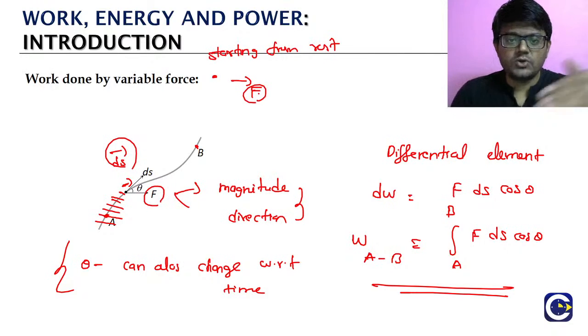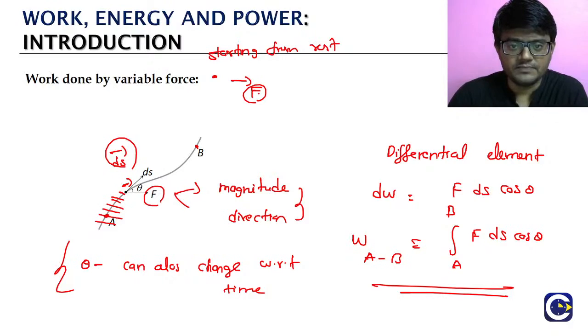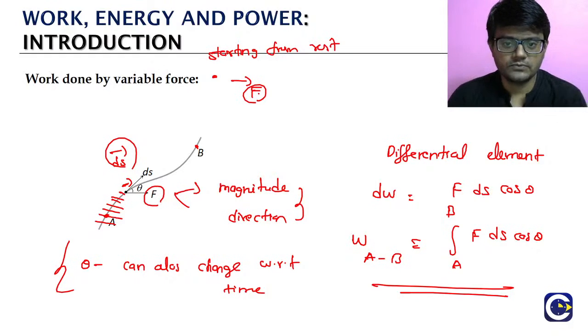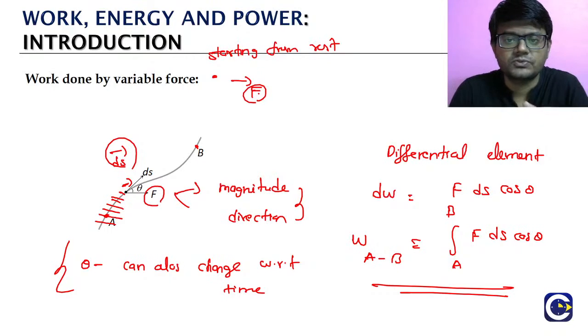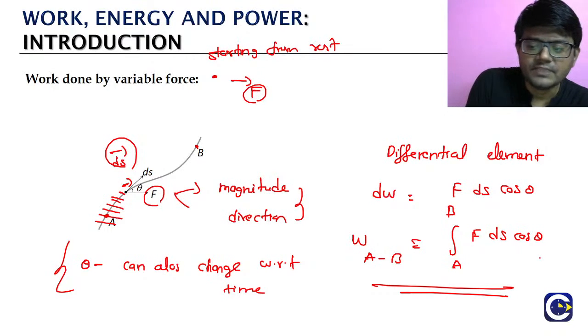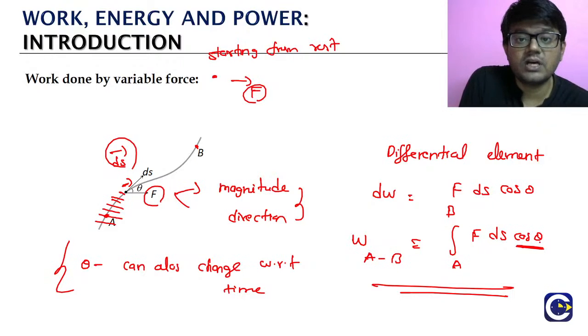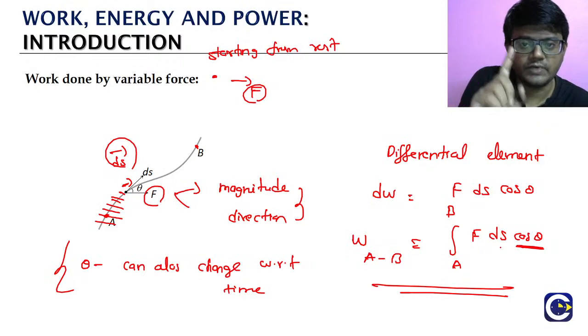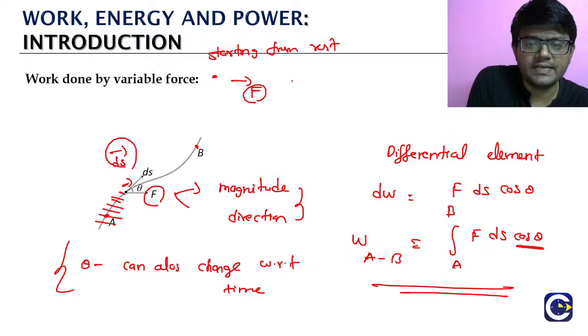The displacement is going to be happening in the direction of the force only. Force may be variable, the force ஓட value variable இருக்கலாம், but displacement will keep happening in the direction of the force. அப்ப என்ன தெரியுமா, cos theta ஓட value cos 0 வரும். cos 0 is what? 1. So in that case, what will be the work? It will be equal to integral F ds.